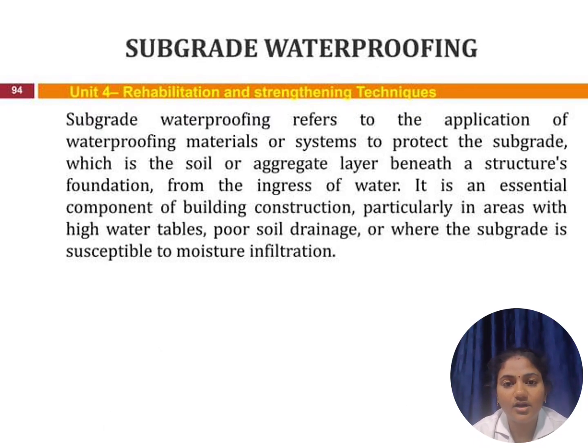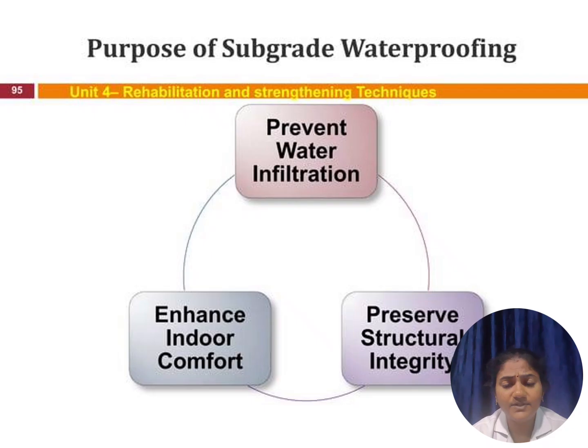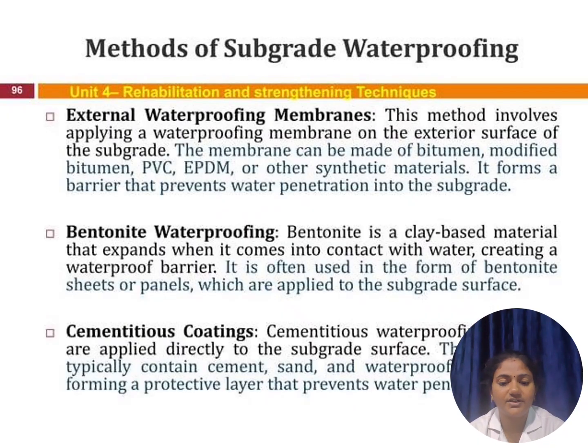And subgrade waterproofing, which is the application of waterproofing material to protect the subgrade. It is highly essential for building construction with high water tables and poor soil drainage. The purpose is to prevent water infiltration, enhance structural integrity, and enhance indoor comfort.